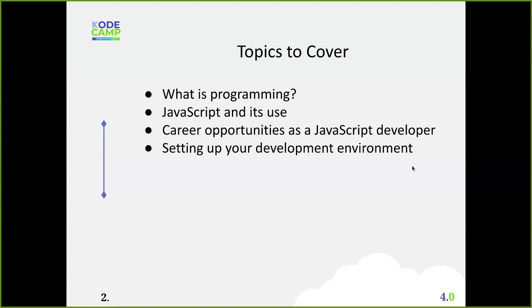So let's move on from there. We've talked about what programming is, what JavaScript is, its use, and career opportunities as a JavaScript developer. Let's look at setting up your development environment. So what is a development environment, first of all? When you're writing JavaScript, you're not just going to write it on any application, right?